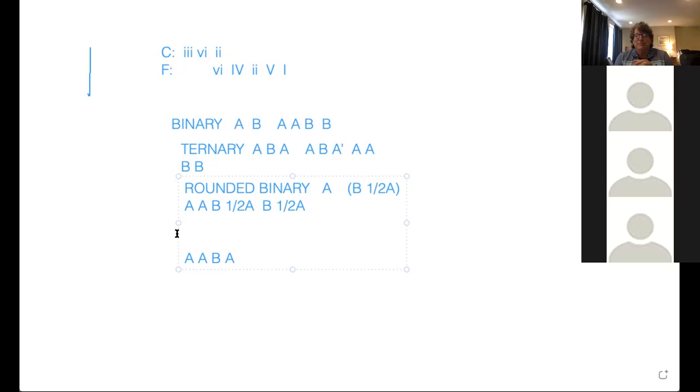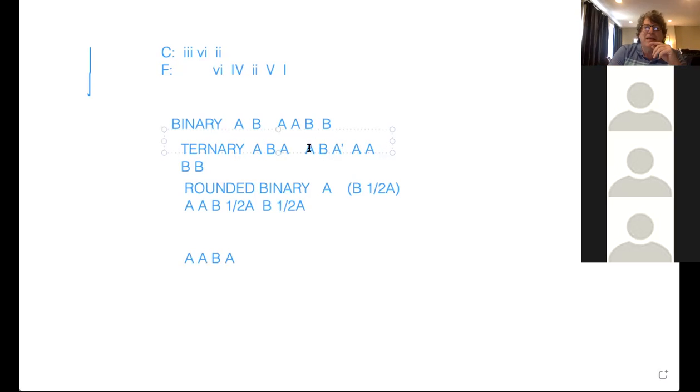I don't really understand the second part of ternary. The second one that you wrote with A B A prime A B B. Oh, okay. So all this, I'm sorry, this thing here, that shouldn't be there. That's written there because it ran out of ink. And then I couldn't get back to it to erase it because I don't know how to use this darn whiteboard. So ignore it.